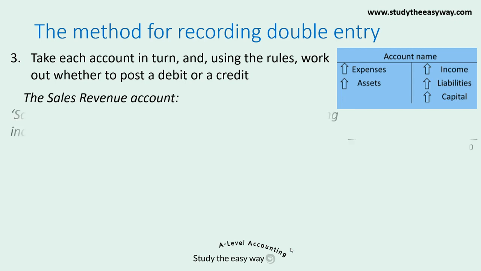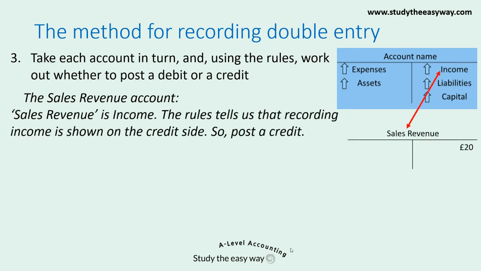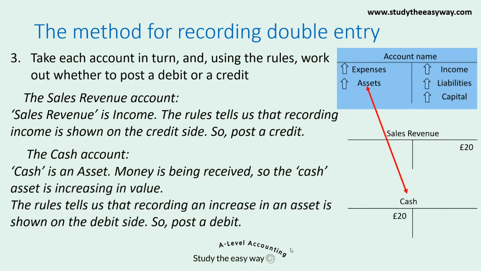In the sales revenue account, the first thing to do is to identify that sales revenue is an income category account. The rules tell us that recording income is shown on the credit side, so therefore we post a credit to the sales revenue account, as I've shown here. The other account is the cash account.